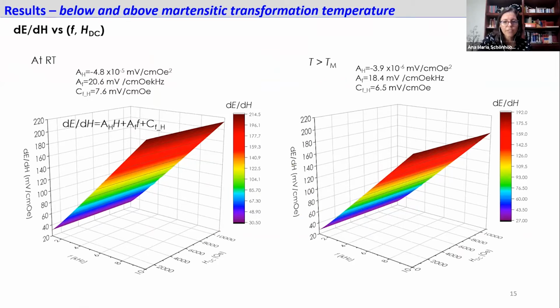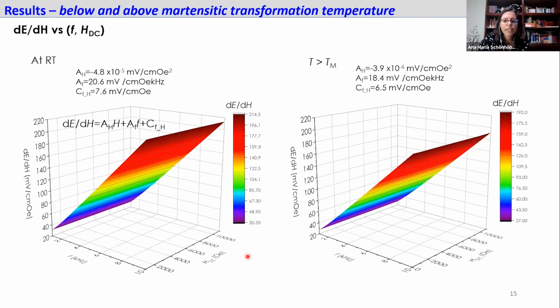In both cases, we observe planes where the magnetoelectric coefficient is up to 27 millivolts per centimeter Oersted, with the coefficient being smaller at both low frequencies and low fields. In any case, the magnetoelectric response is larger at room temperature, as you can see from the color map.